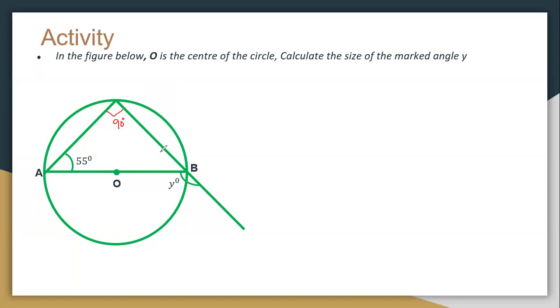Then let's put an unknown down here, R. The interior angle sum of a triangle is 180, meaning we have R plus 90 plus 55 equal to 180.